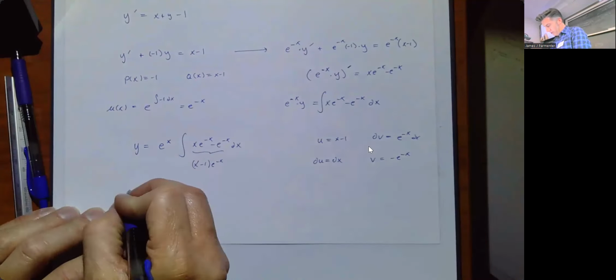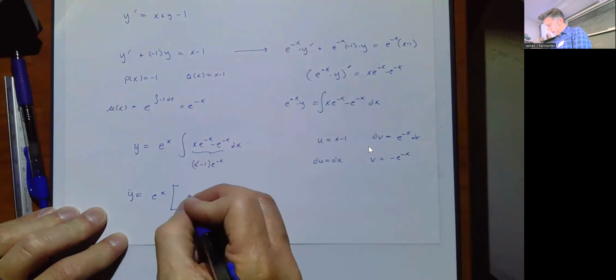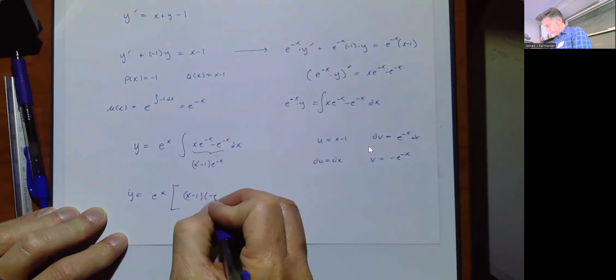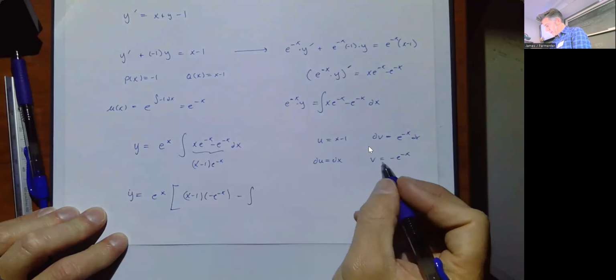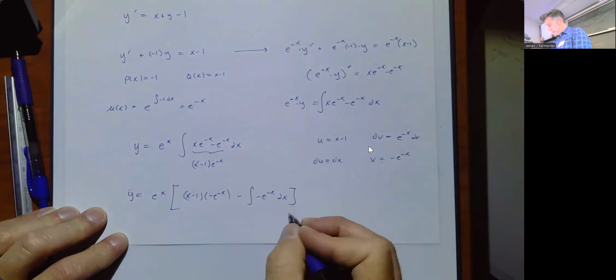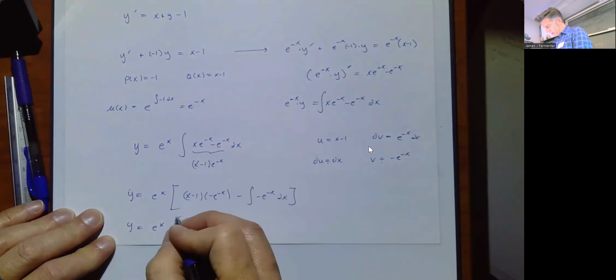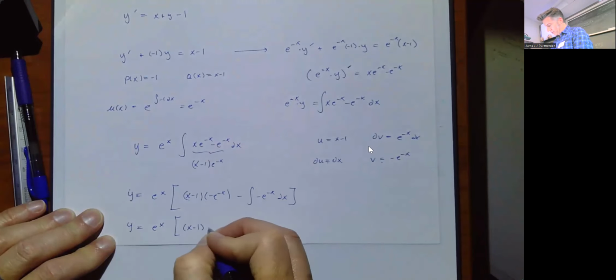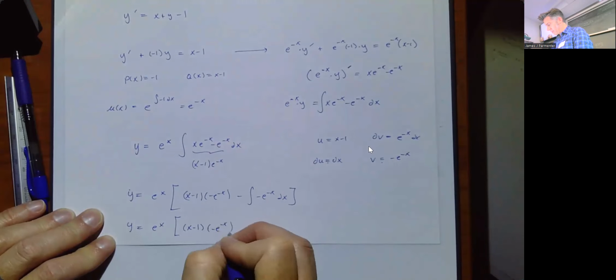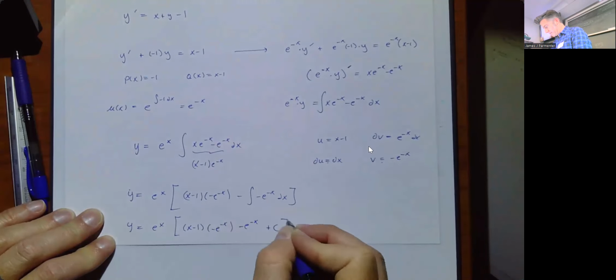So this is going to equal uv, x minus 1 times negative e to the negative x, minus the integral of v du, which is minus e to the minus x dx. And then if we add here, we get y equal to e to the x times x minus 1 times negative e to the negative x plus negative e to the negative x plus c.